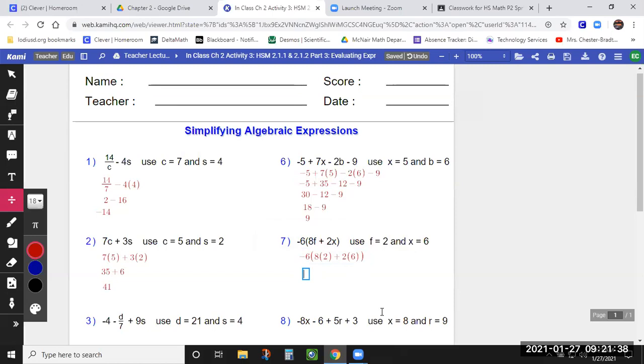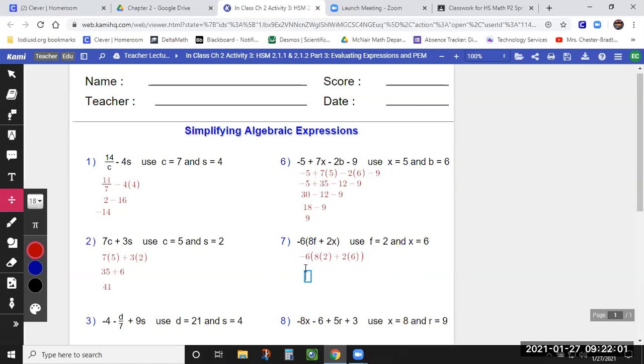For this problem, according to the order of operations, what's gonna come first? What inside the parentheses, Brian?